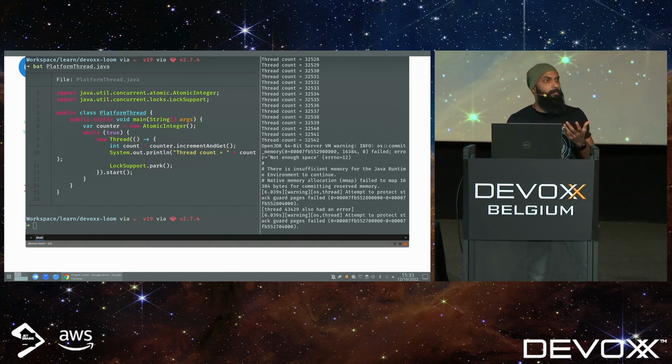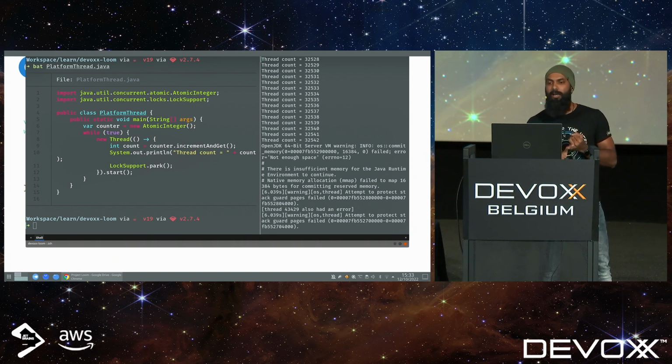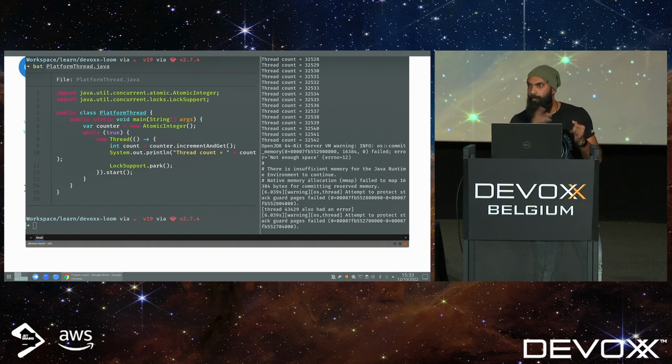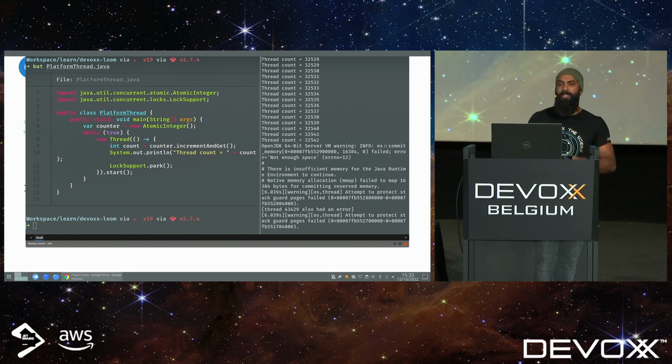Well, it's because of multiple factors. One, Java has a very efficient and smart scheduler, which prioritizes unblocked threads over parked threads, and a little bit of help from garbage collection. If we were to run the threads concurrently, we would only get 16 threads, but we are not running them concurrently. So what the scheduler does is it removes the parked threads and schedules the new ones, so it keeps going.